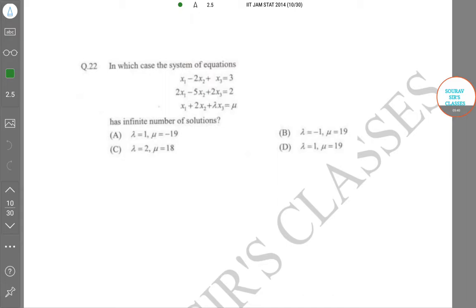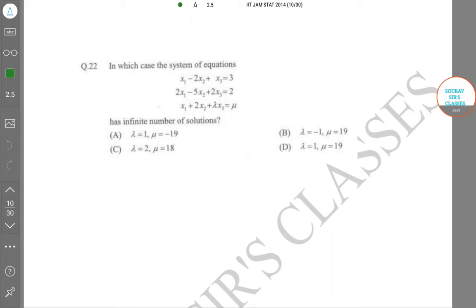In which cases the system of equations x1 minus 2x2 plus x3 equal to 3, 2x1 minus 5x2 plus 2x3 equal to 2, and x1 plus 2x2 plus lambda x3 equal to mu have infinite number of solutions.